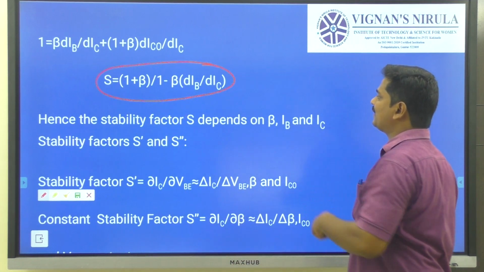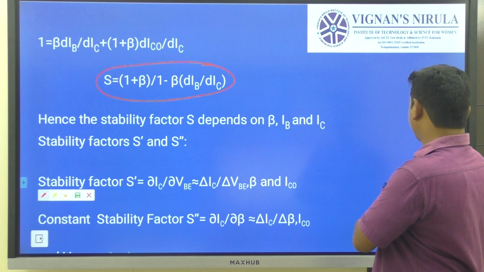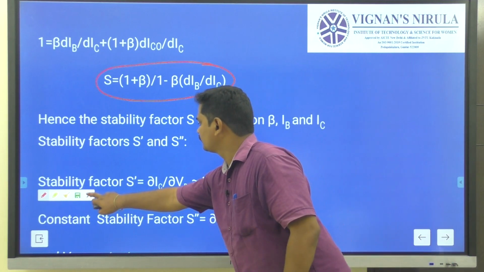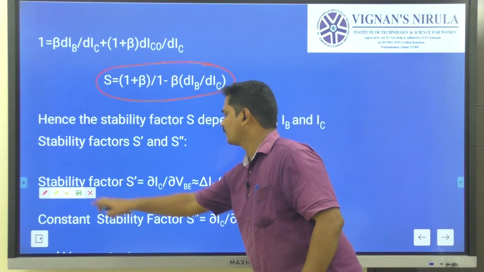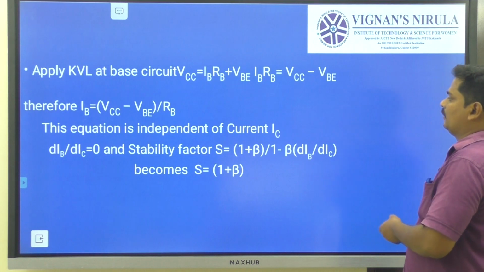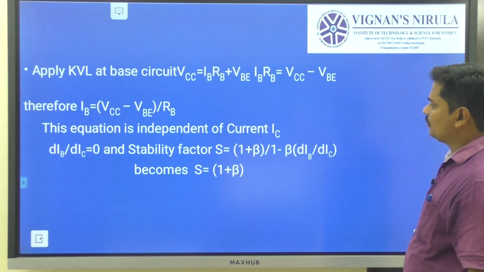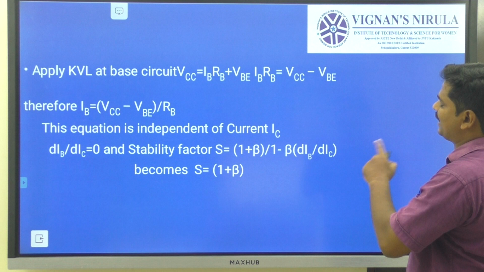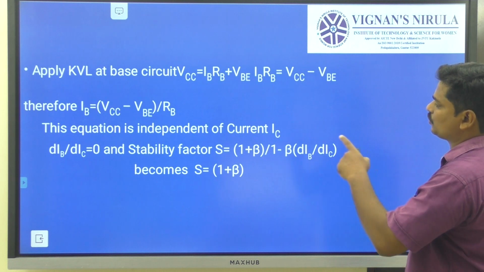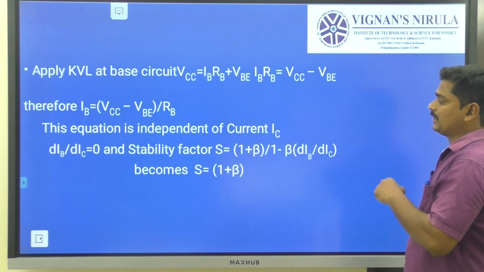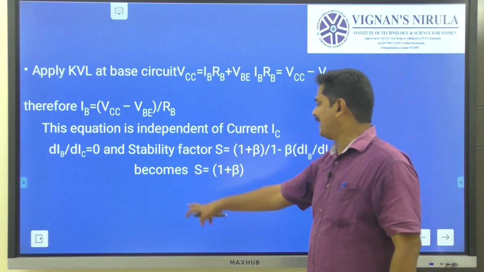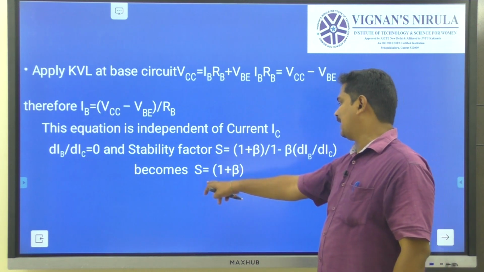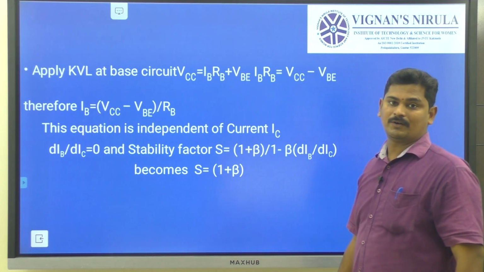Now when we compare this equation with this value, here the base current is independent of IC. So when we do the differentiation with respect to IC, for the fixed bias the value of S is equal to 1 plus beta.